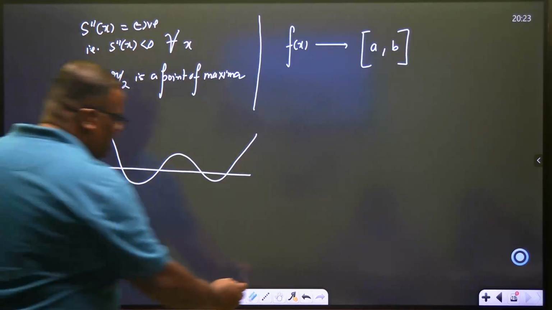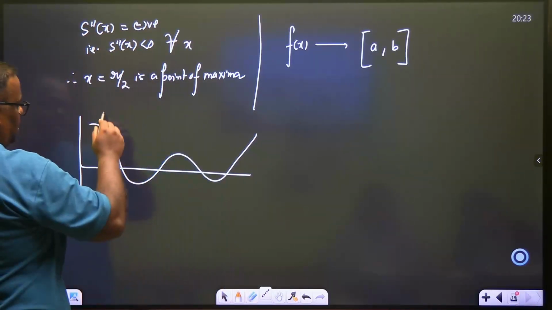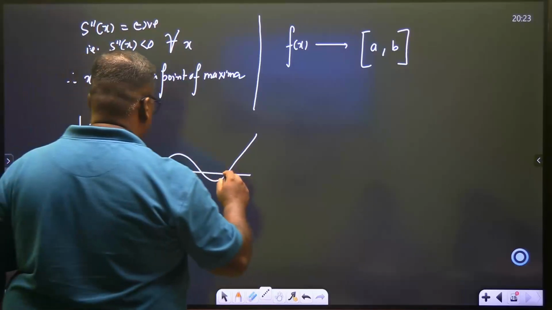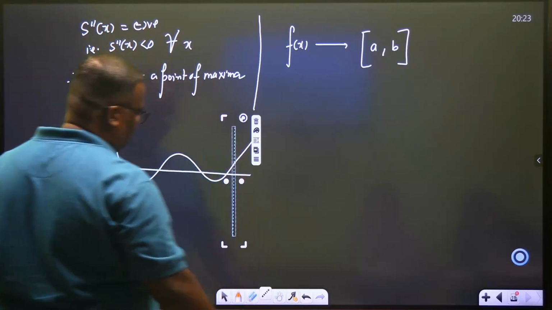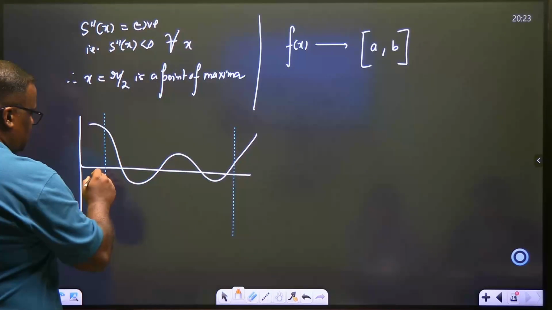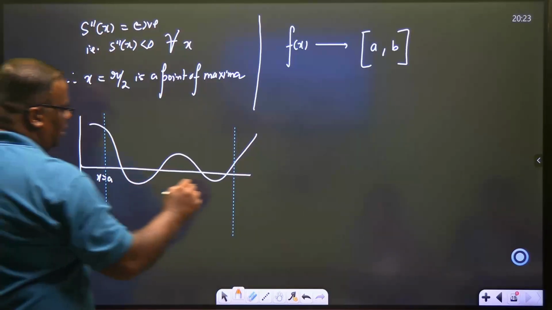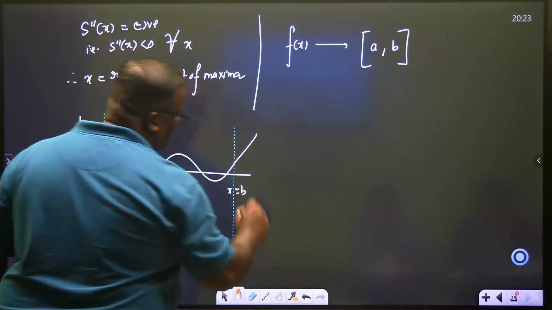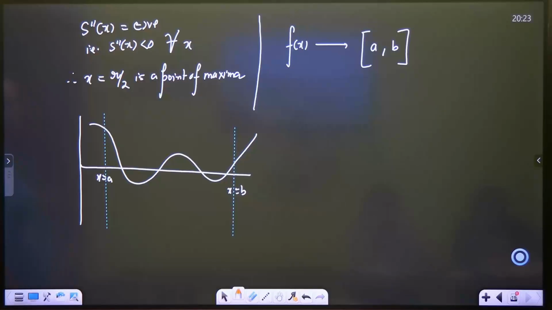This is x equal to A, this is x equal to B. Whenever we are trying to find maxima and minima in a closed interval, the endpoints are also included.